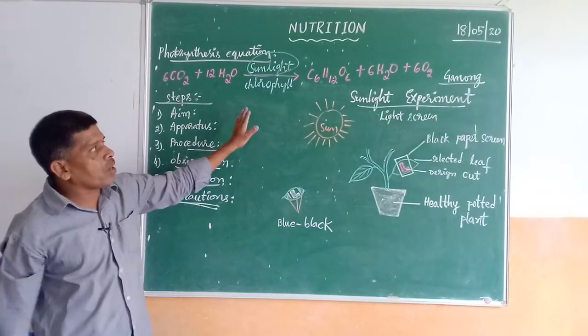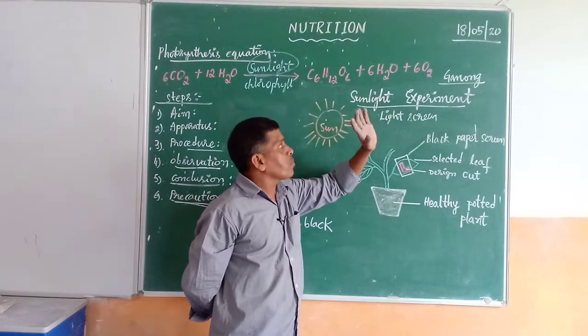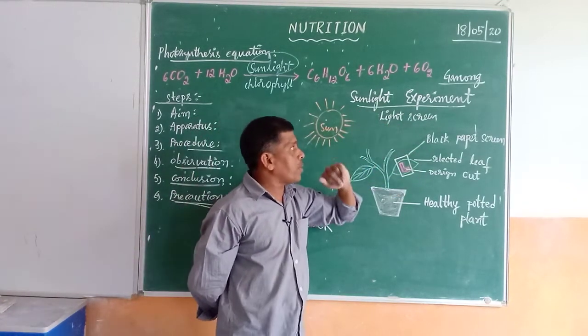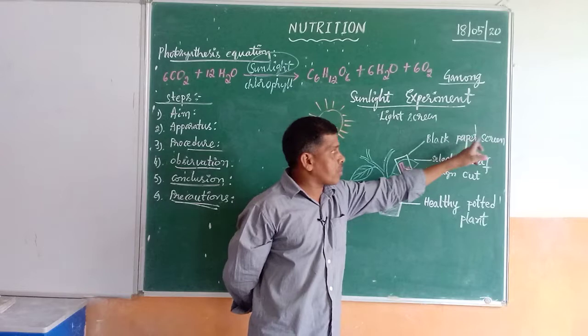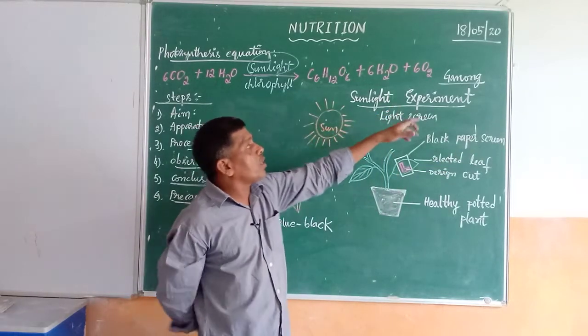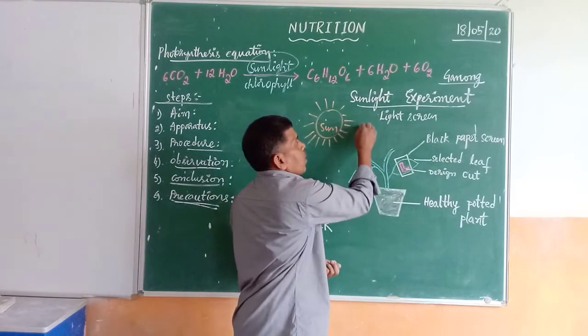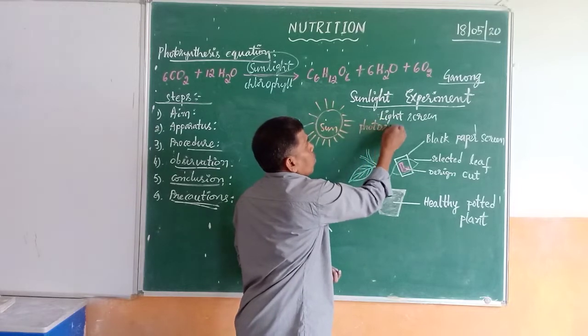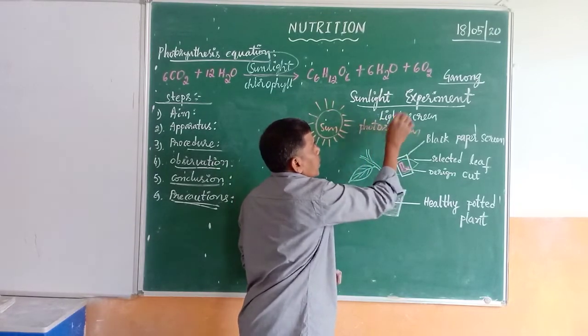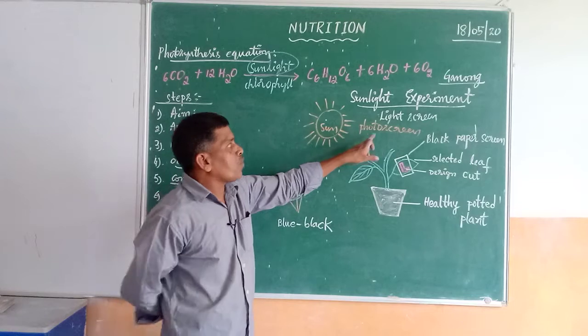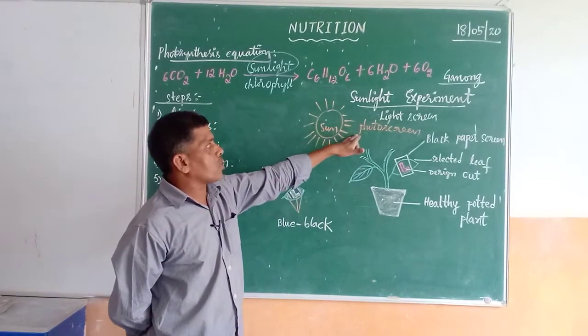So this experiment is called the sunlight experiment, or we can call it the light screen experiment, or the black paper screen experiment, or the photo screen experiment. So there are different terms used here, and all these terms mean the same. A screen is used here to avoid the falling of sunlight, so that particular screen is important.